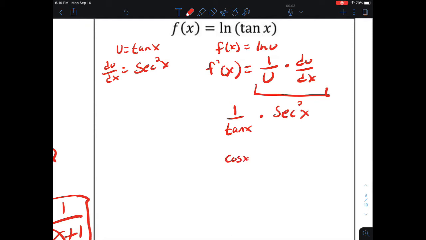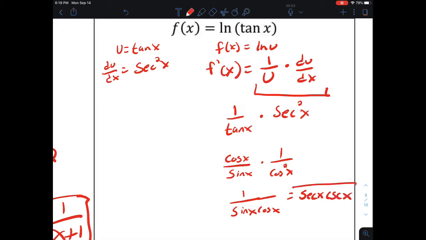That would be cosine over sine times 1 over cosine squared. I could cancel out a cosine. We'd have 1 over sine of x times cosine of x, which would be secant times cosecant.